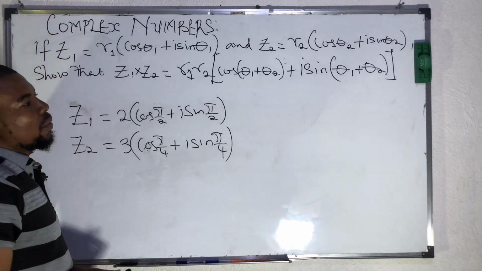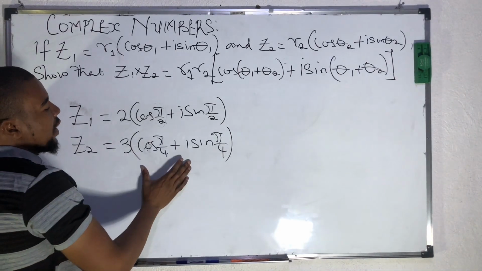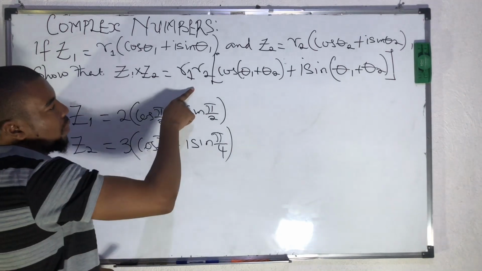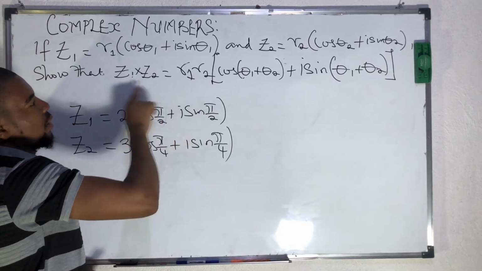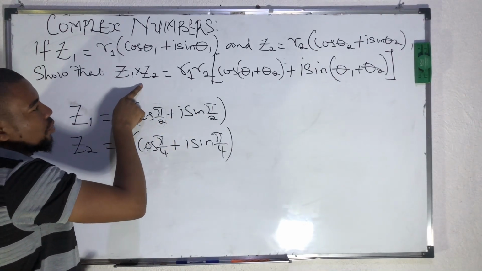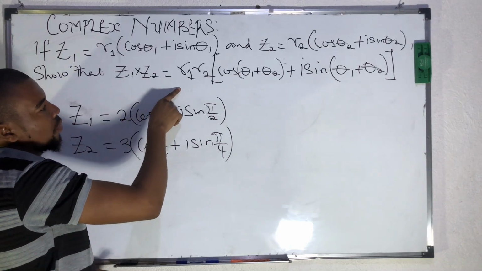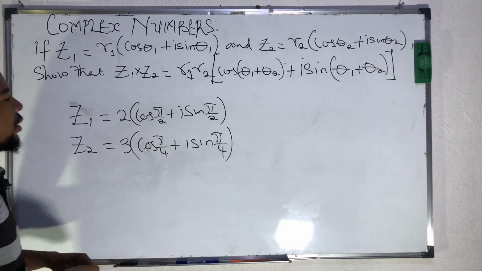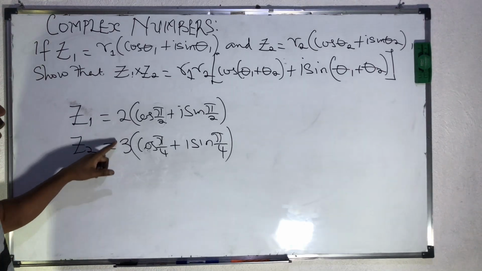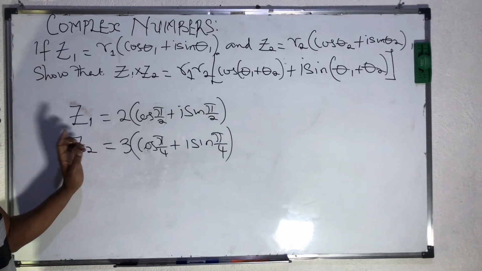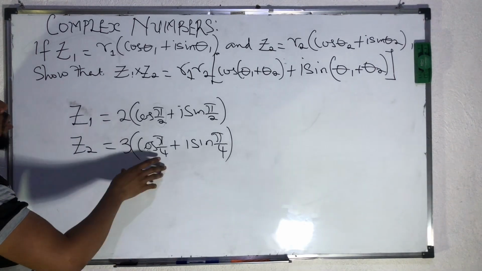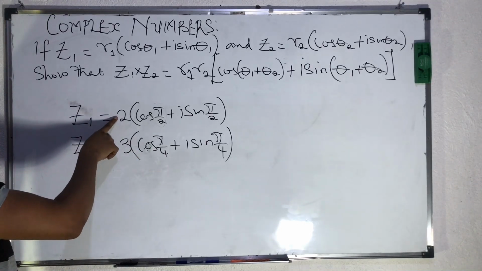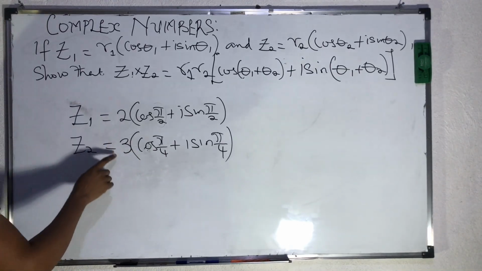The formula that we're going to use to find their product says that z1 times z2 is equal to r1 times r2. The r here represents their moduli. Let's assume we want to multiply these two complex numbers. We're going to take first their moduli, which is 2 times 3.